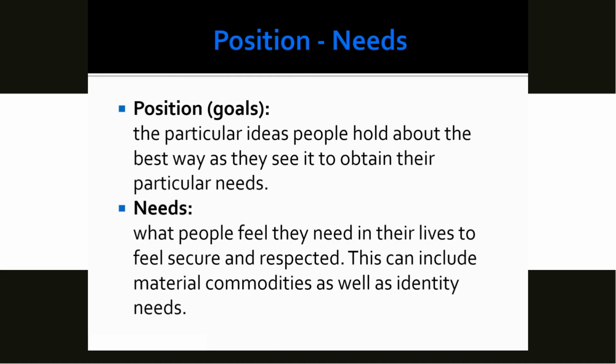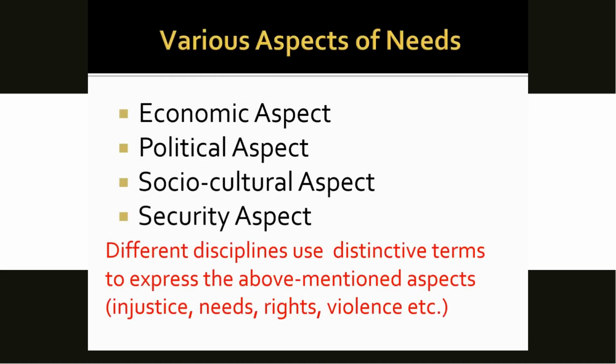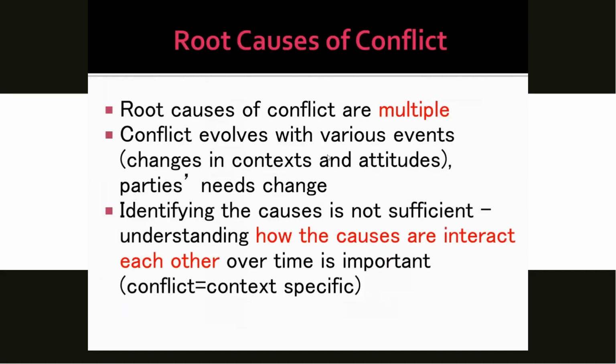It may be sometimes material needs, sometimes identity needs. So after identifying objectives of the party, you need to study what ultimate needs it satisfies: economic needs, political needs, social cultural needs. Each conflict has different causes, but causes are usually multiple.